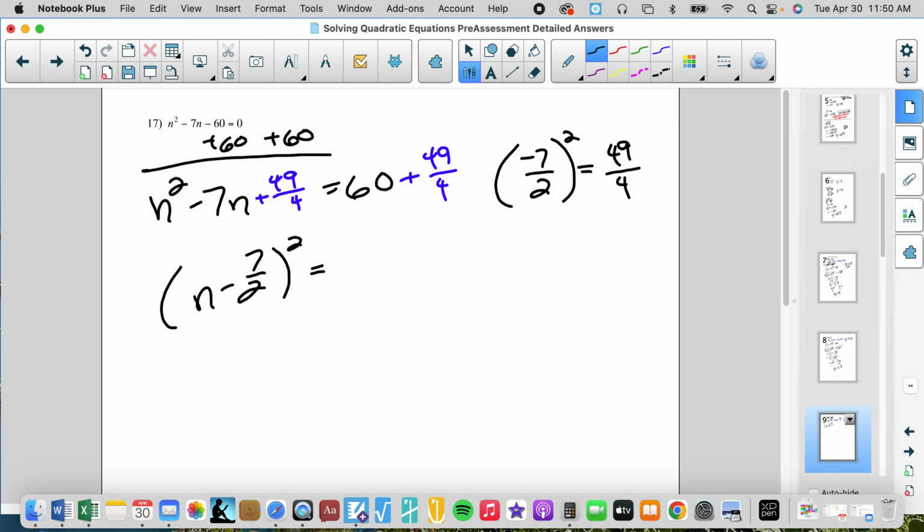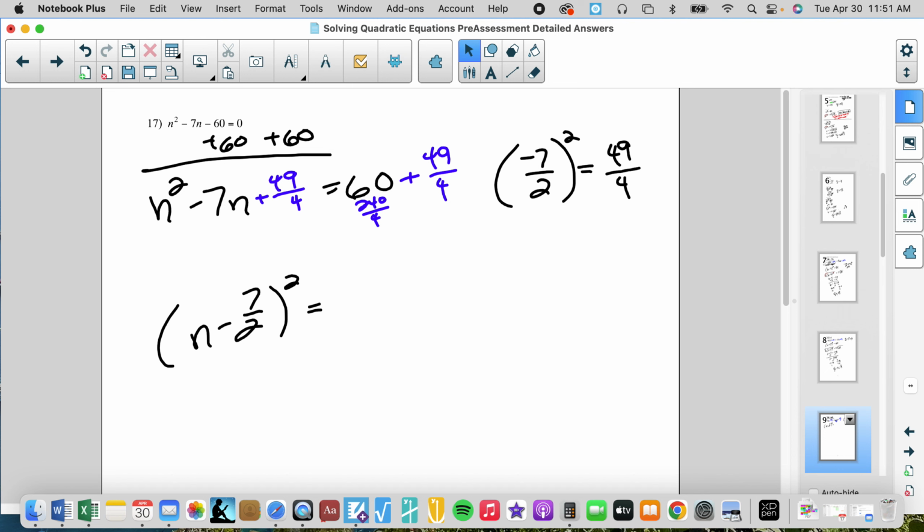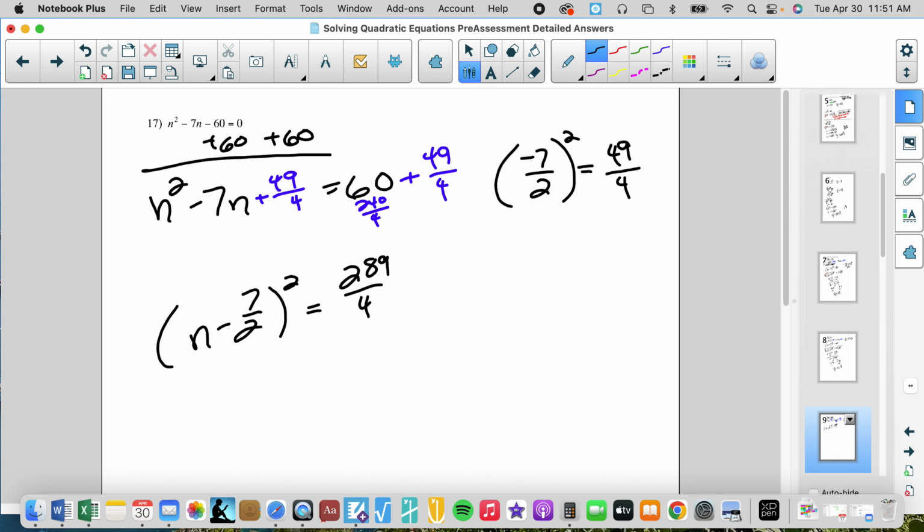So 60 in fourths, that's 240 over 4. Let's move this down just a wee bit. So 240 plus 49 is 289 over 4.